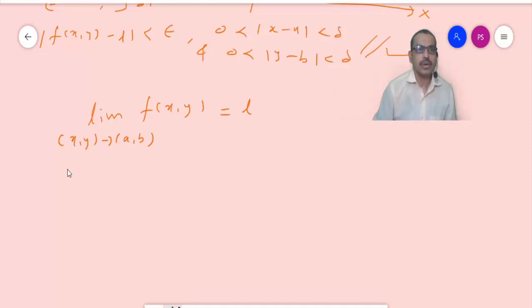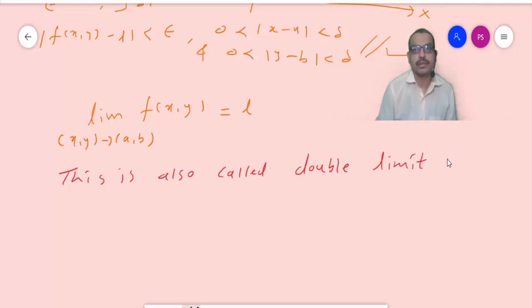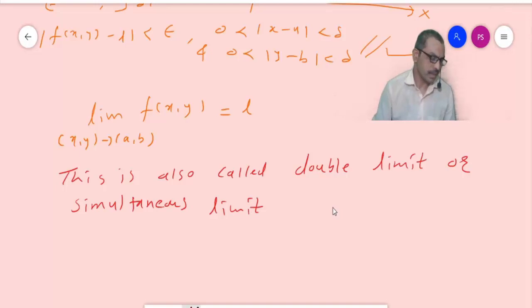This is also called the double limit, or we also call it the simultaneous limit.